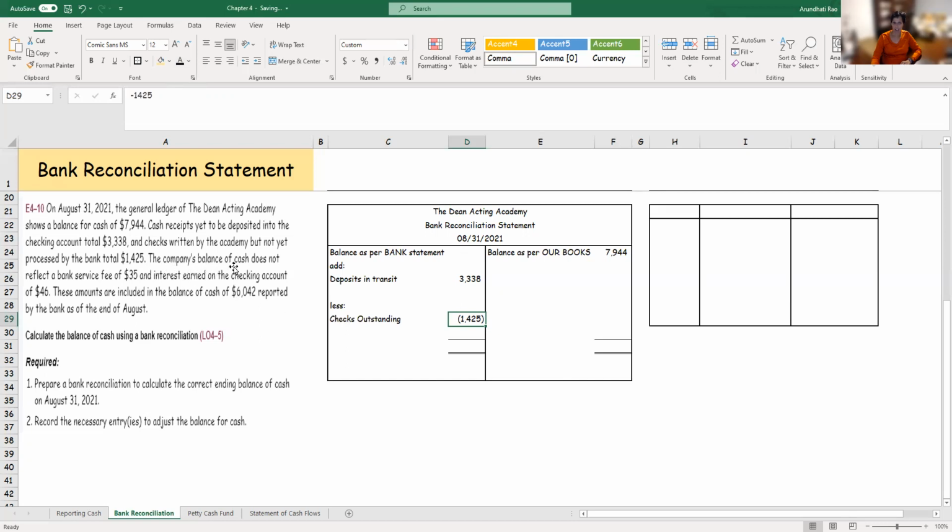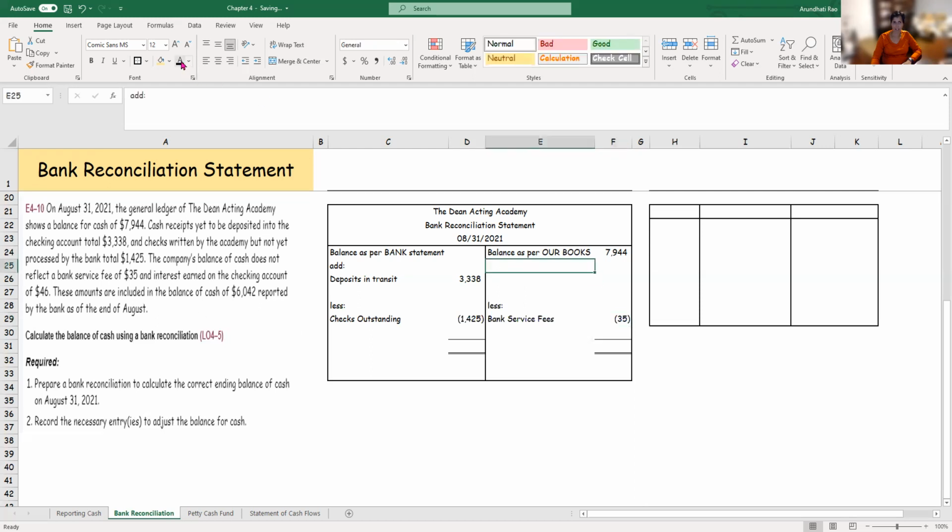The company's balance of cash does not reflect a bank service fee of $35. Again, the bank has already taken money out of my account. I have not done that, so I need to do that, $35. Okay, and the last thing is interest earned on the checking account is $46. So the bank has added $46 to my account.